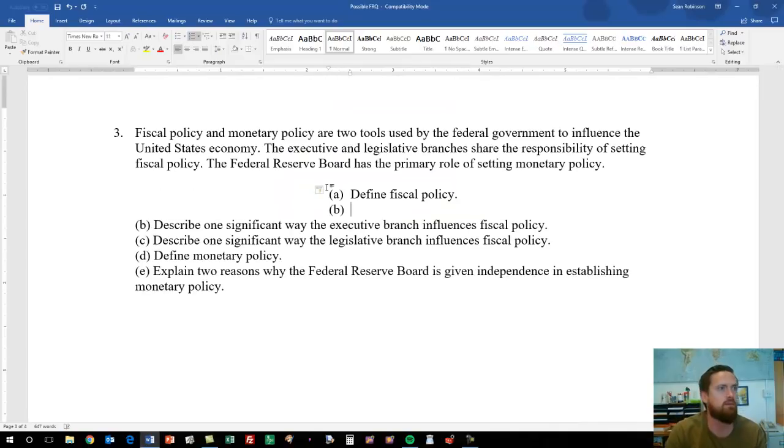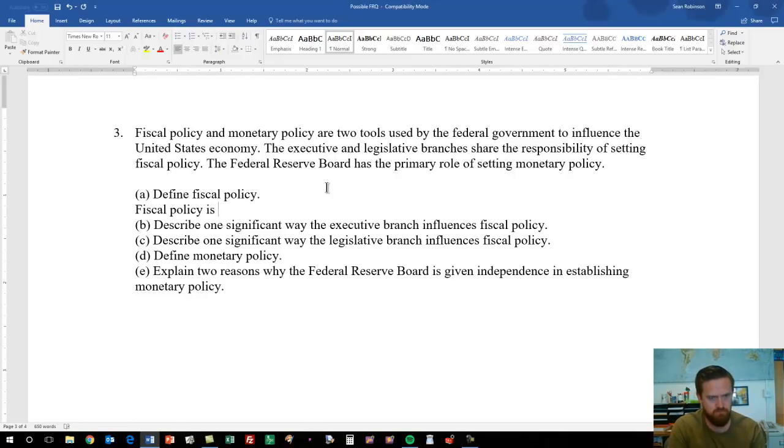Okay, next question. Fiscal policy. Oh my god. Fiscal policy, what? Is that what it says? It just doesn't need to include like taxing or spending or the budget. Commas. You guys will judge me.